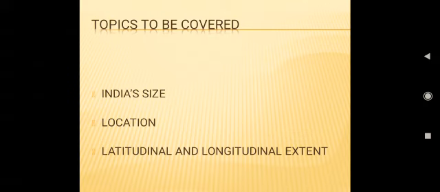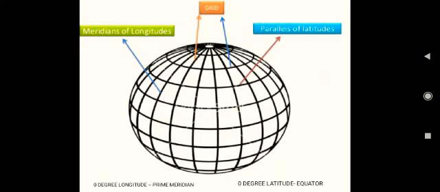But before learning about the location of India in the world, you should know about the parallels of latitude and the meridians of longitude. Children, here in this figure, the horizontal lines are the parallels of latitude, whereas the vertical lines are the meridians of longitude.